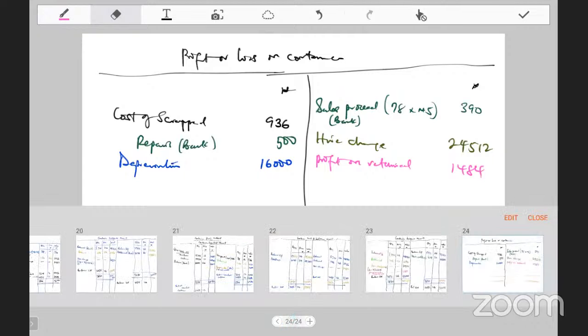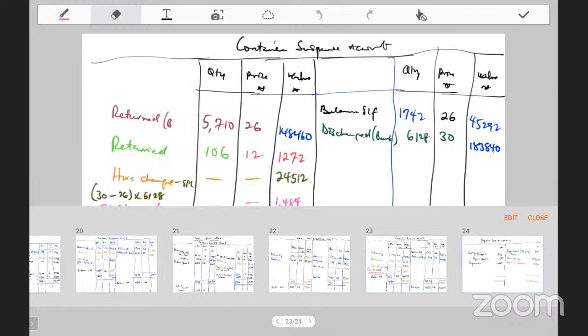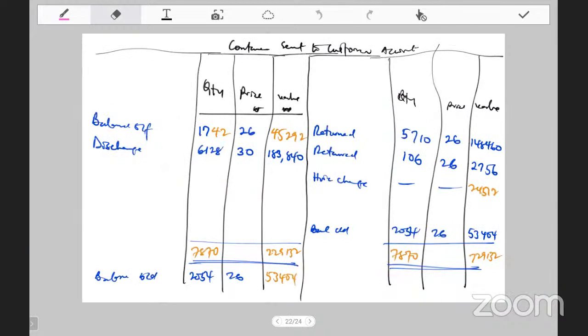So we're going to change the value in our container inventory account. Now we have done this. Now if you look at it, I'm not going to change the value in my container sent to customer account, because everything in my container sent to customer must be at the returnable value, and I'll just balance it to give me my profit.